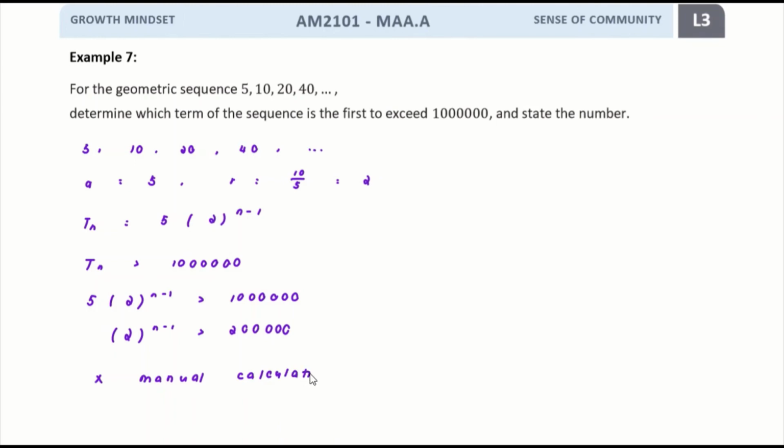If this kind of question comes out, they expect you to solve it using the sequence generator, or by solving the equation.